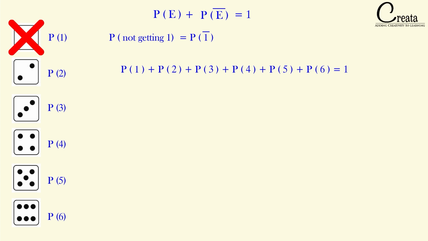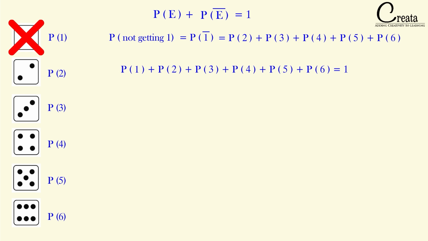Okay, probability of not getting the 1 is probability of getting 2 or 3 or 4 or 5 or 6. That is probability of 2 plus probability of 3, 4, 5 plus 6. Addition of all this will be equal to probability of not getting event 1.